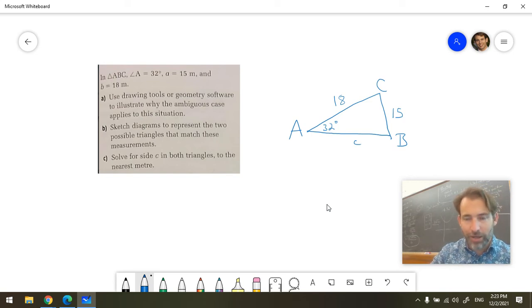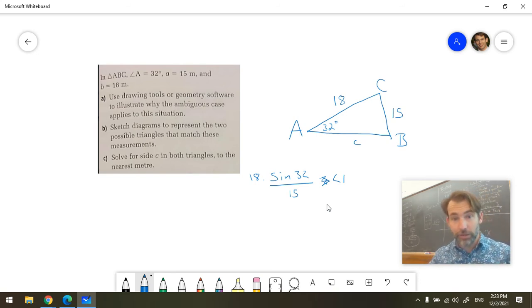Well, it's because this is less than that, and if I set it up with sine law, sine 32 over 15 multiplied by 18, if this is less than 1, then we have a case where we have ambiguous sine law.